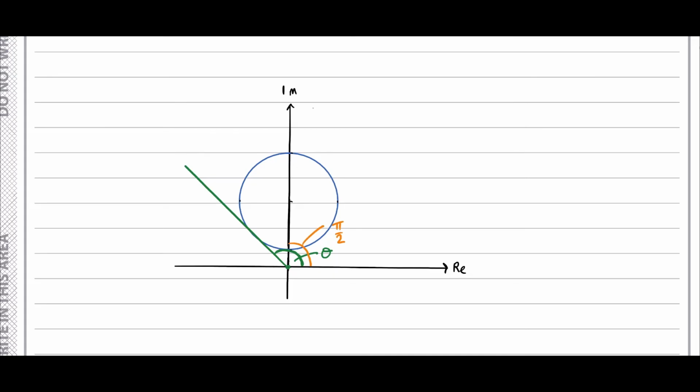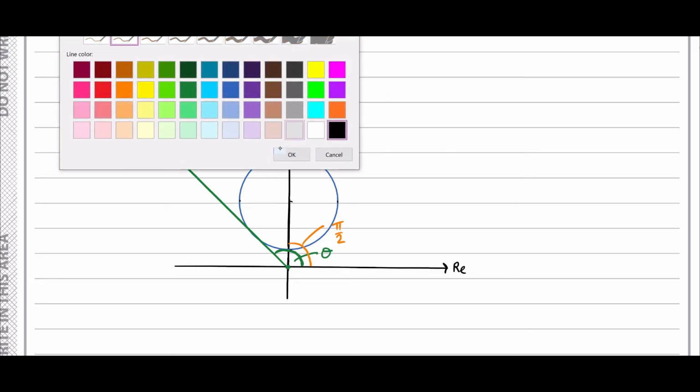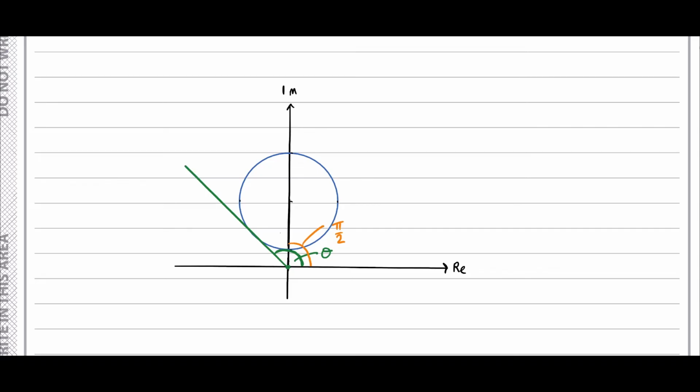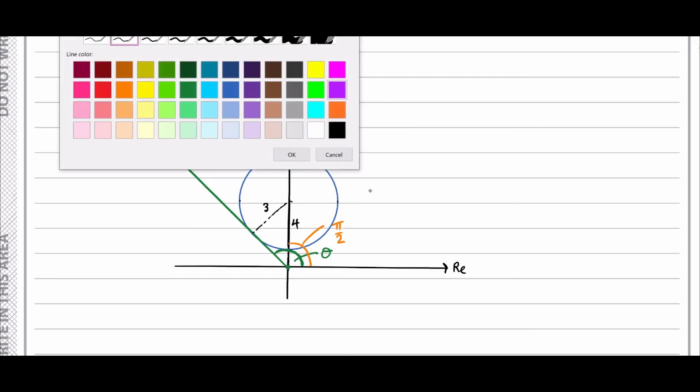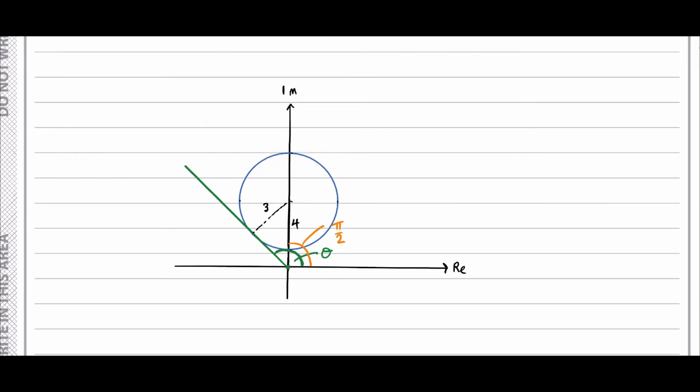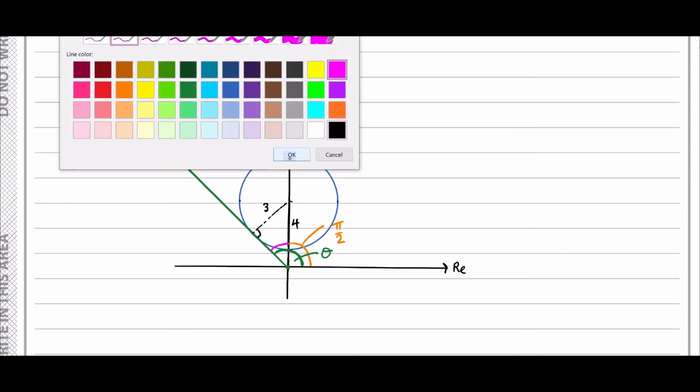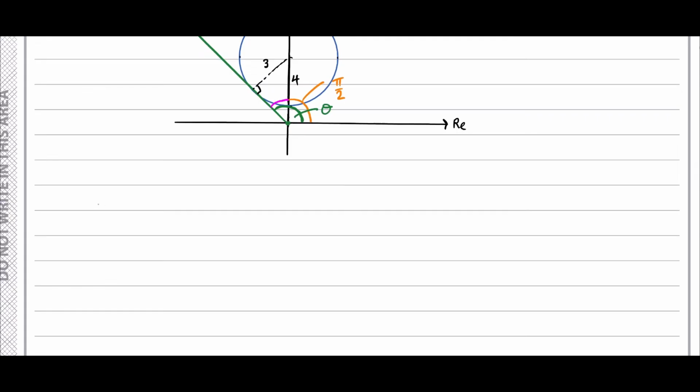You will also notice we have a radius of length 3, and this length over here is 4. We want to find this angle, and we can find that using trigonometry. If we find that angle, it would be the inverse tangent of 3 over 4.